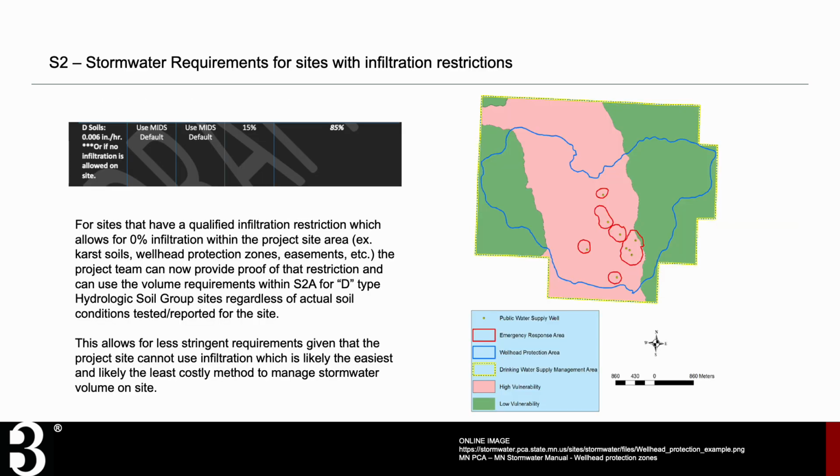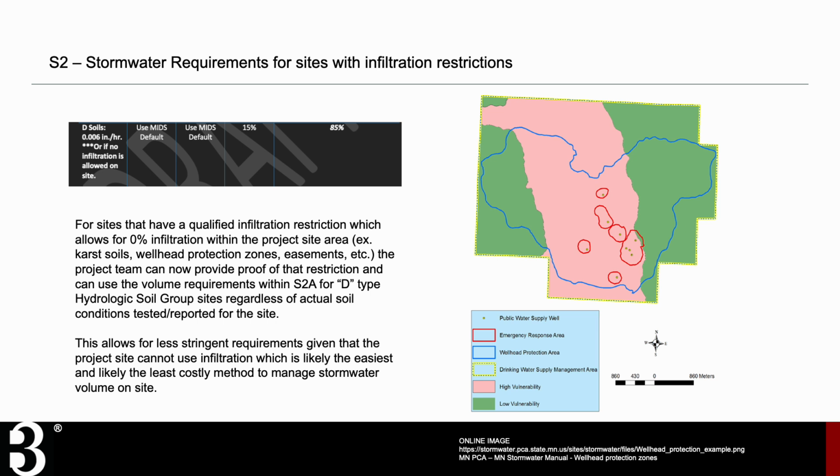One of the most common questions that we get at CSBR when talking with project teams is how do we establish the percentage value of stormwater that needs to be managed on site for project sites that have some sort of restriction against infiltration.